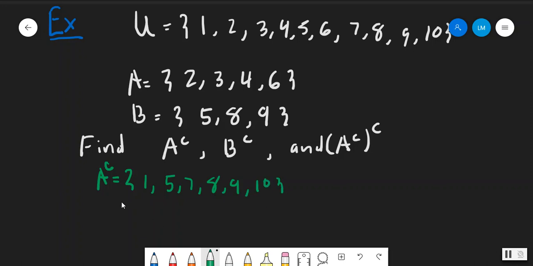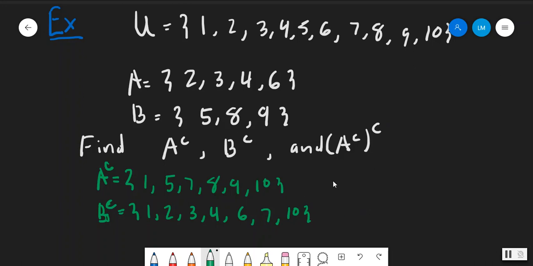So that's A complement. But if we look at B complement, then what that's going to look like is 1, 2, 3, 4, 6, 7, and then finally just 10. So that will be the set for B complement.